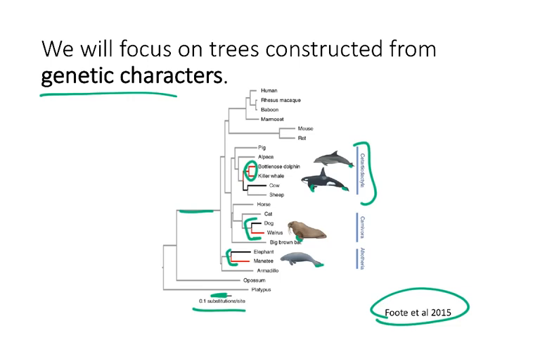So again, the longer that line is, the more nucleotide substitutions there are between, say, this old lineage and what it's split into. So again, remember, if it's closer together on the tree, it's more closely related, genetically speaking, because we're building these trees based on genetic characters.